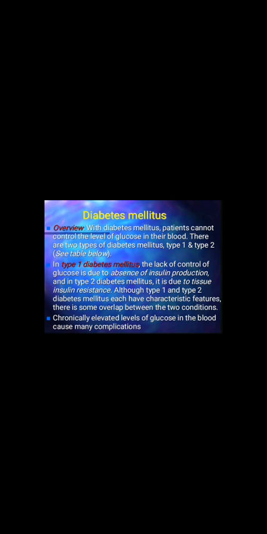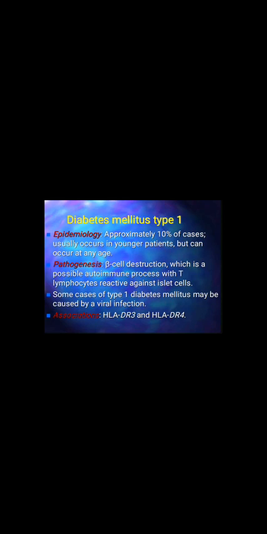So what is the epidemiology of the disease? How is it distributed? Approximately 10% of the cases of diabetes will be type 1, while the other percentage will be taken by type 2 diabetes mellitus. So in simple terms, type 2 diabetes is more common than type 1.